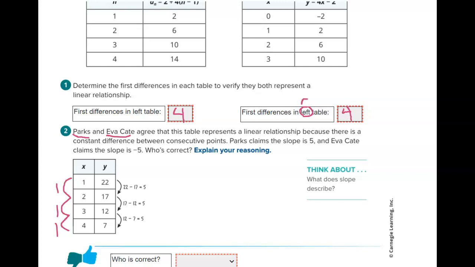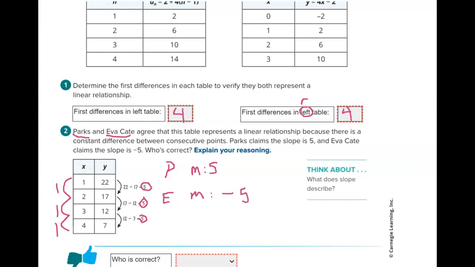What they disagree on is that Parks says that the slope is 5. Because when they did the subtraction, they got this answer of 5 each time. Eva Kate says that the slope is negative 5.